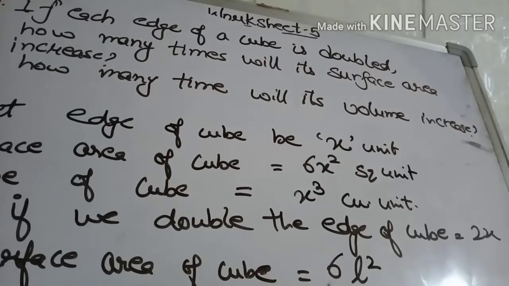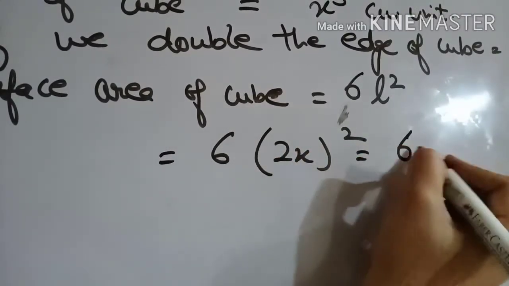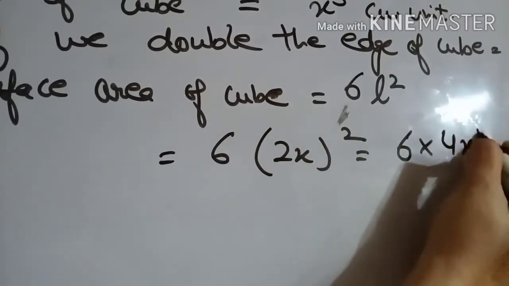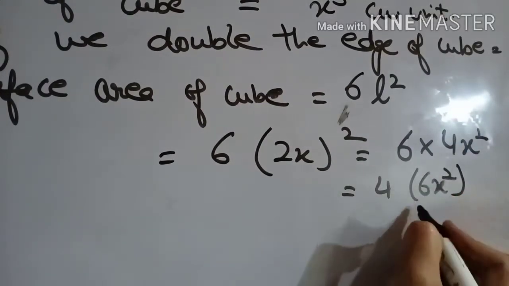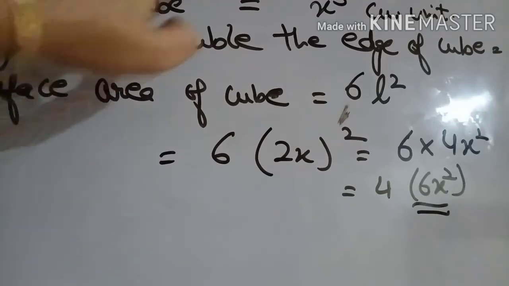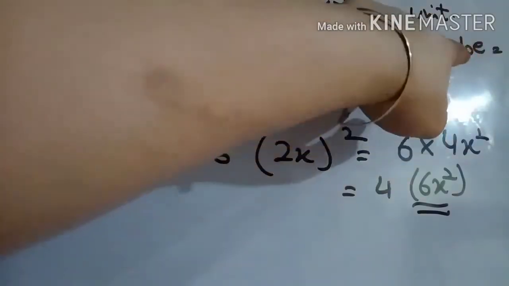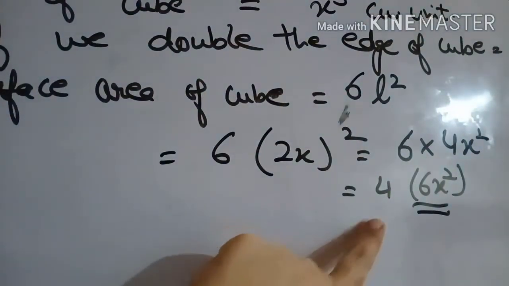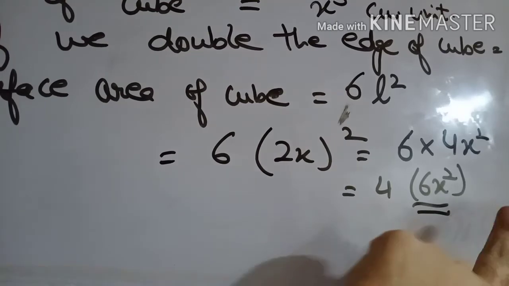So with L as 2x, that is 6 into (2x) square, which means 6 into 4x square. Taking 4 out, it is 4 times 6x square. 6x square is the surface area of a cube with edge x. Now, if we double the edge, we get 4 times the surface area.